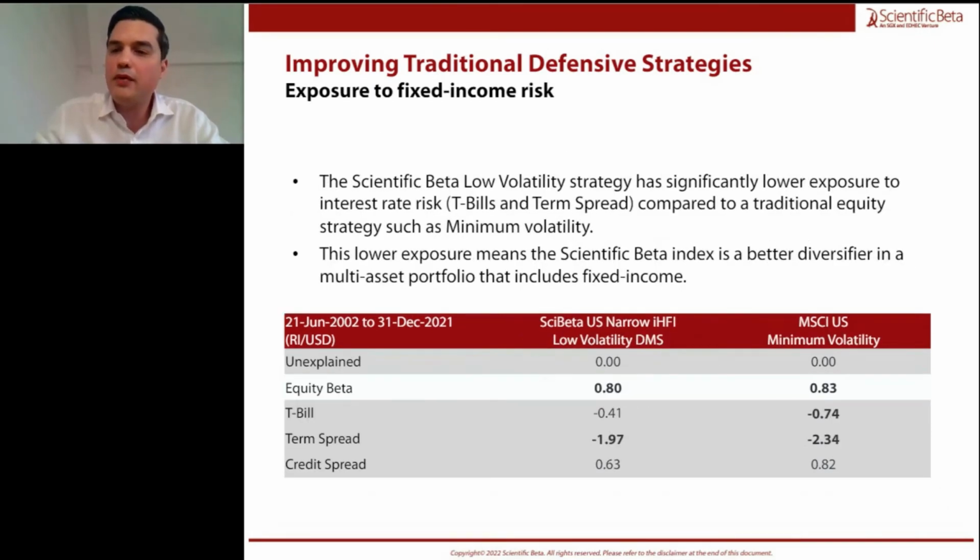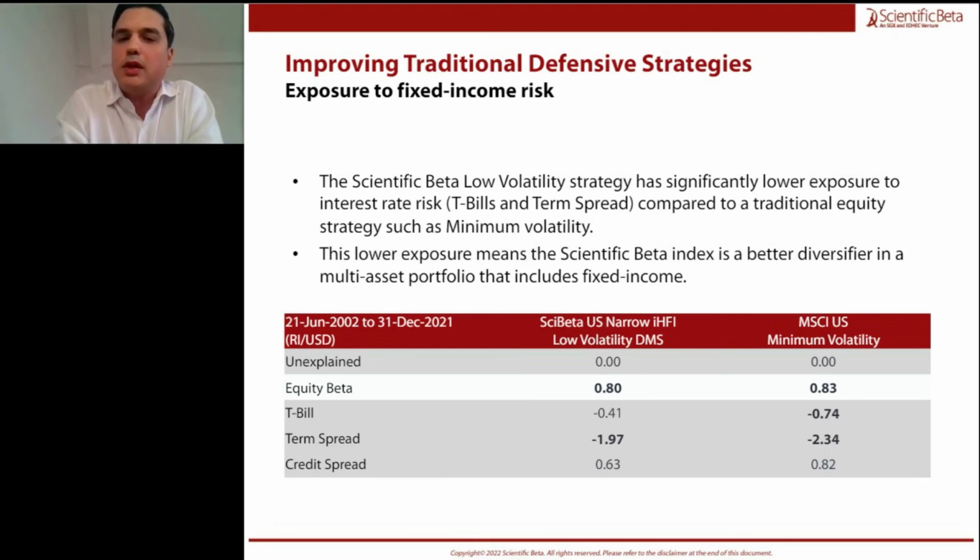Finally, one more benefit before we go into the management of volatility spikes is with respect to fixed income risk. So our strategy is able to deliver less correlation or less exposure to some important fixed income risks like the short rates or the term spread.